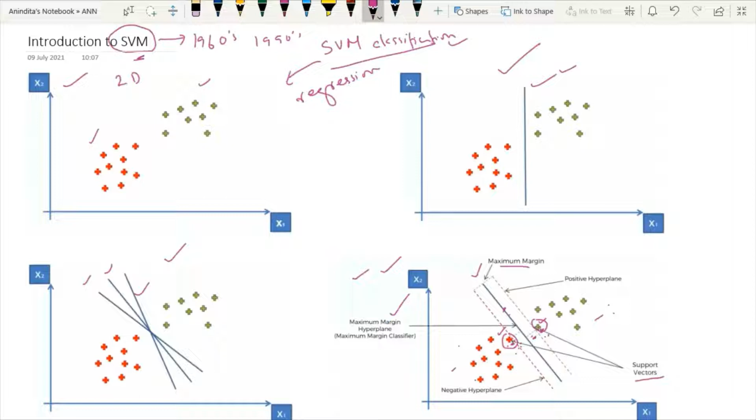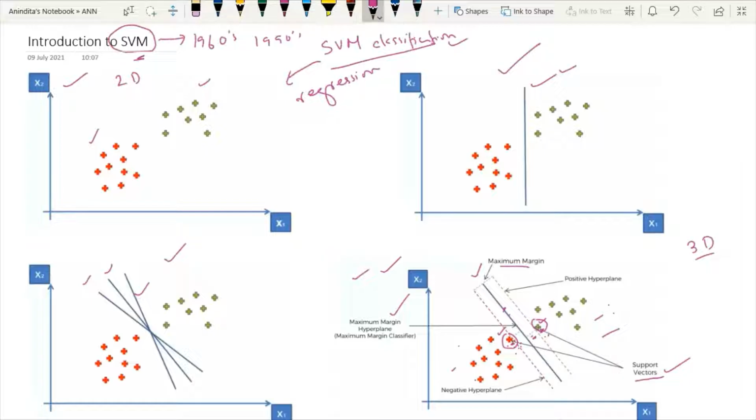Now why are they known as vectors? In multi-dimensional space, when we have more than 2 variables, like 3, 5, 10 or 100 variables, each one of them is a point. But you cannot visualize them in 3D space. So all of these points are considered as vectors in multi-dimensional space.